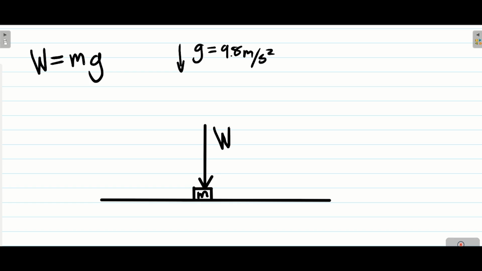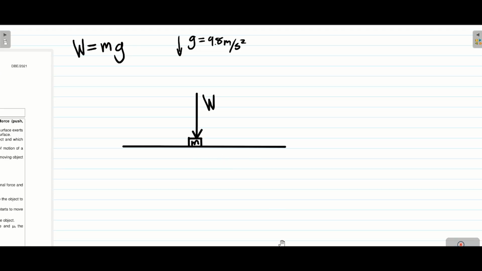So the second thing we should note is that this object doesn't move all the way down as it's resting on the surface. It stops at the surface, which means that there's an equal and opposing force acting on it, that's causing this box to stay in one place, not move upwards, not move downwards.